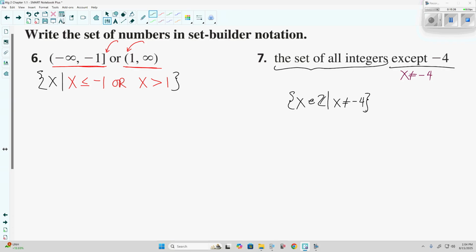For all values of x in the integers such that x is not equal to -4. Questions on this here? Questions on anything we've done so far?